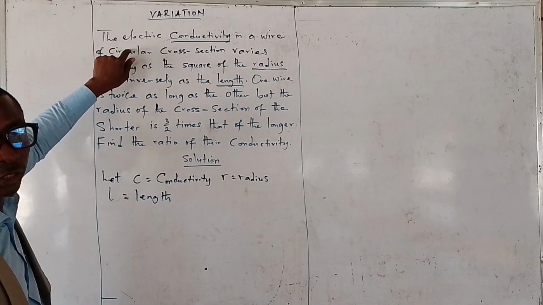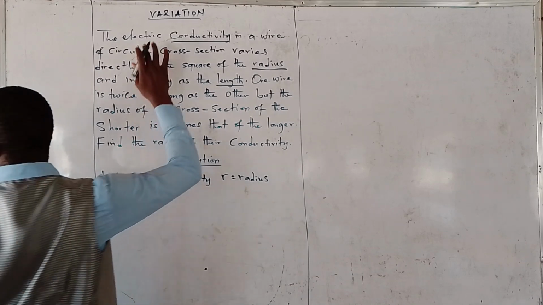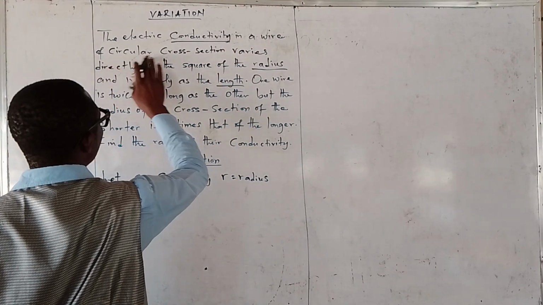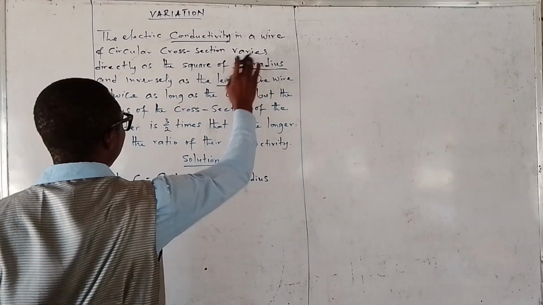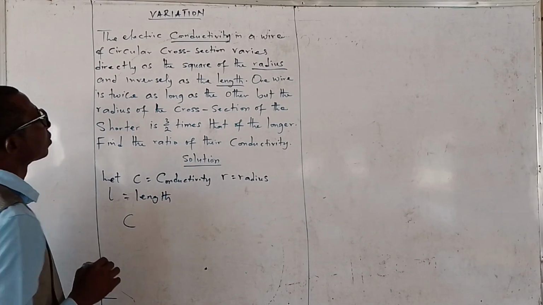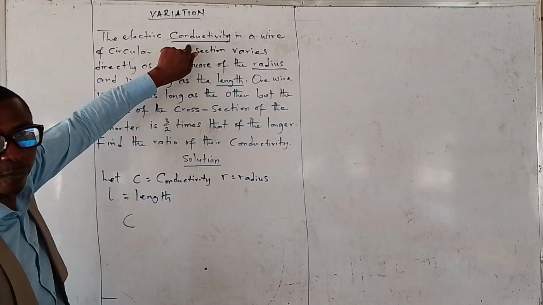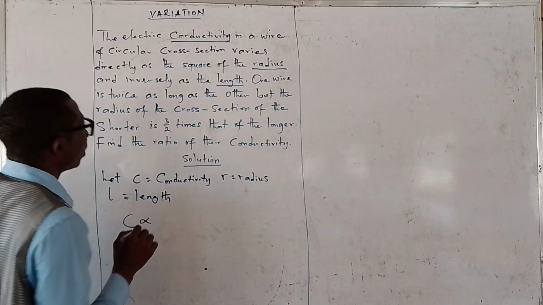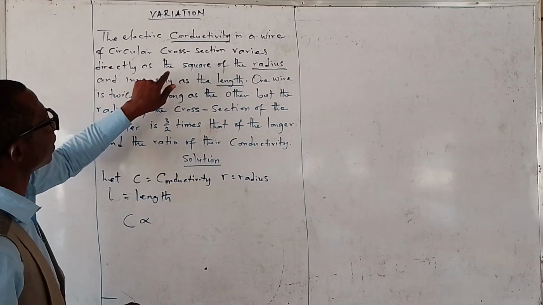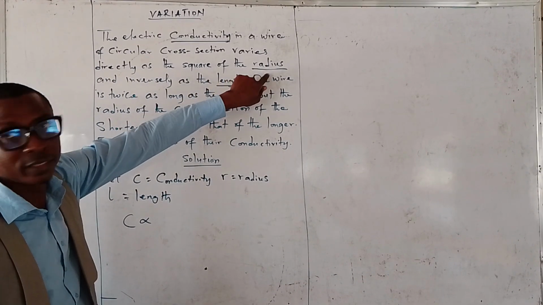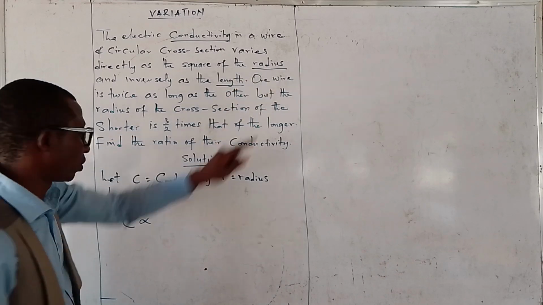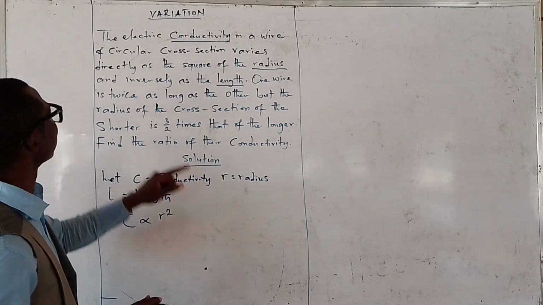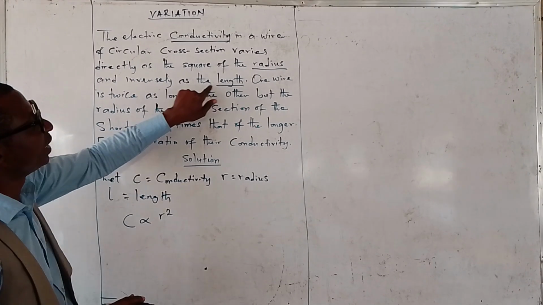So from here we can now turn this to a mathematical statement. Let's read through the question again. The electric conductivity in a wire of circular cross section, C, varies, this is the symbol of vary, directly as the square of the radius, and our radius is R, that's going to be R squared, and inversely as the length.